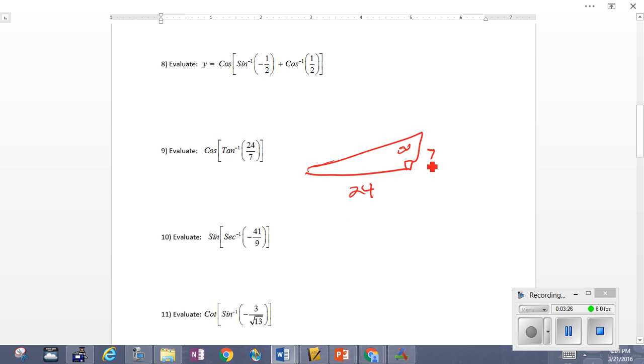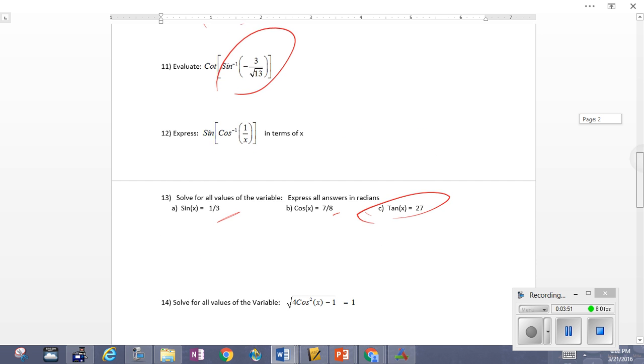So the opposite over the adjacent is 24/7. I trust you recognize that as a triplet of 25, which you could ask the cosine, the sine, or any of the other trig functions. Likewise, the same approach for these.